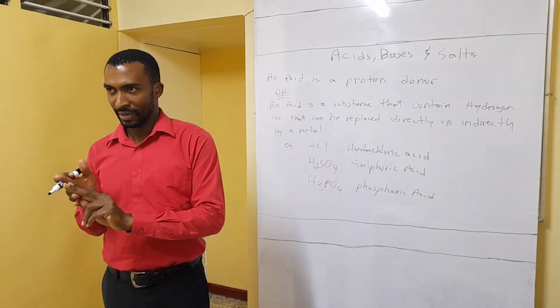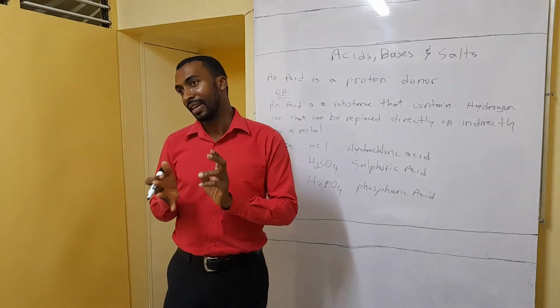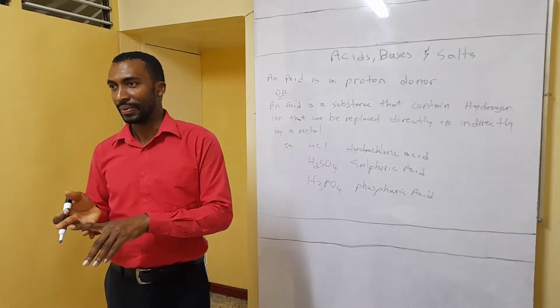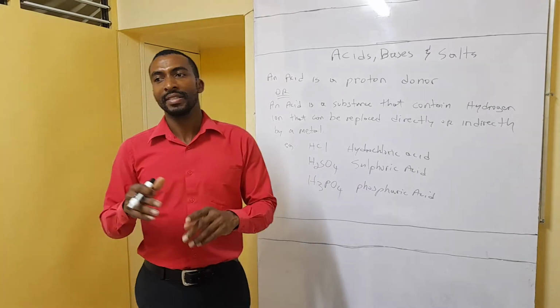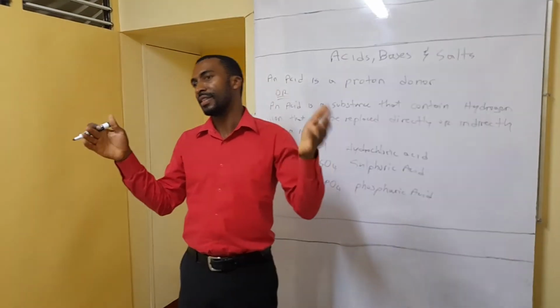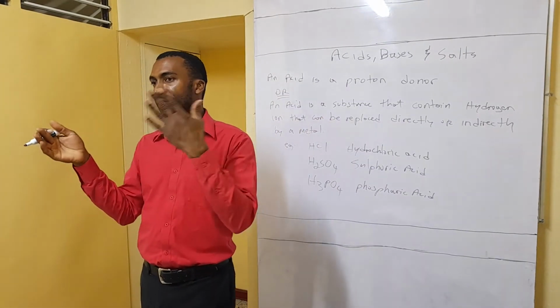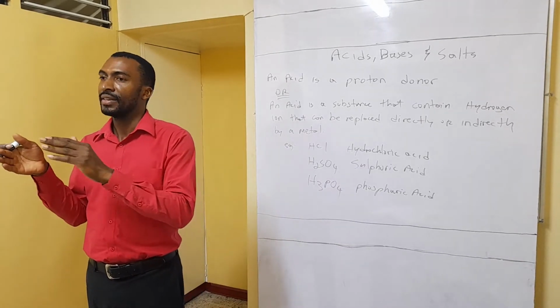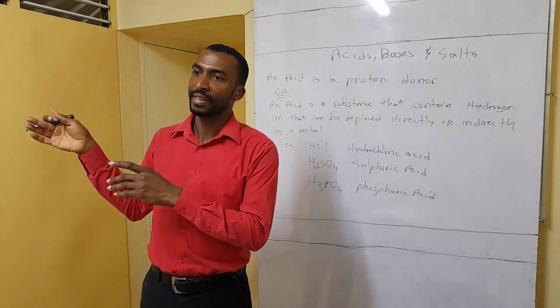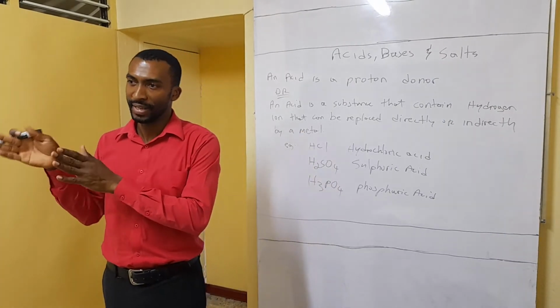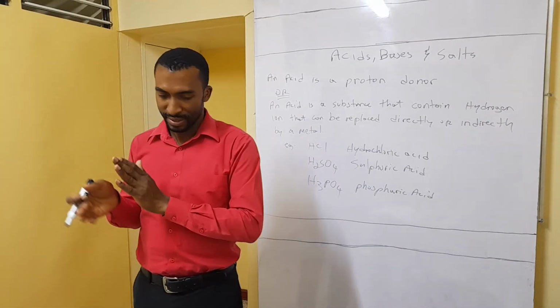There are two types of litmus paper, red and blue. The pH scale is a scale from 0 to 14. 7 is neutral, everything below 7 is acidic, and everything between 7 and 14 is basic.